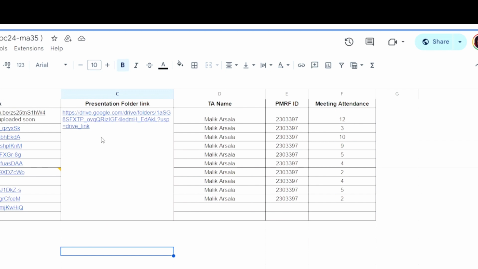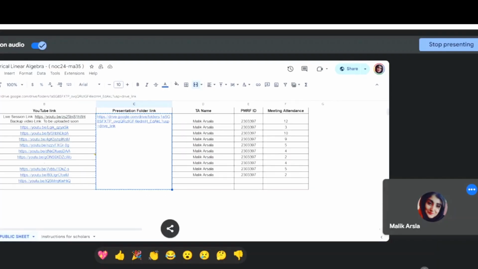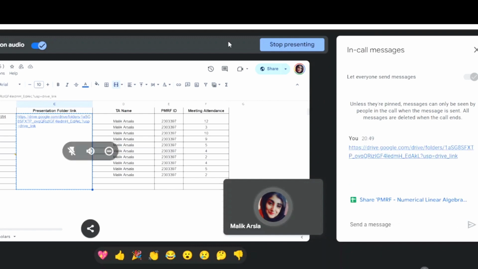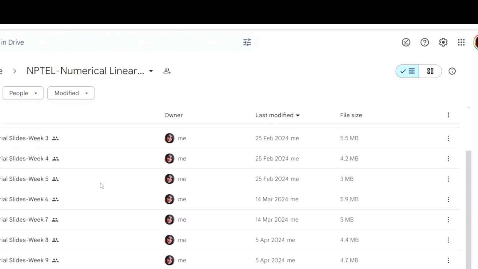Okay, let me do one thing. Let me share it in the chat box, and tell me if you are able to access it or not. Please open it and you can save it and tell me if this is accessible. Yes, here it says we have gone to the drive.